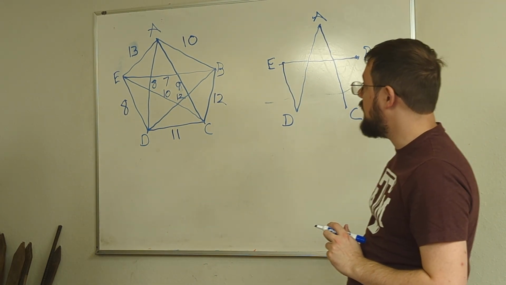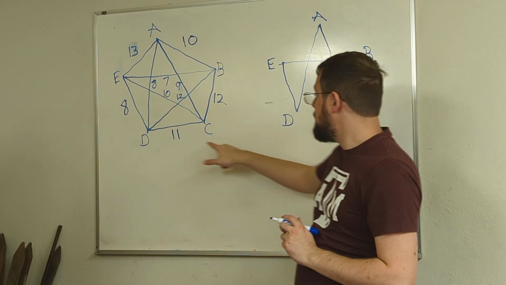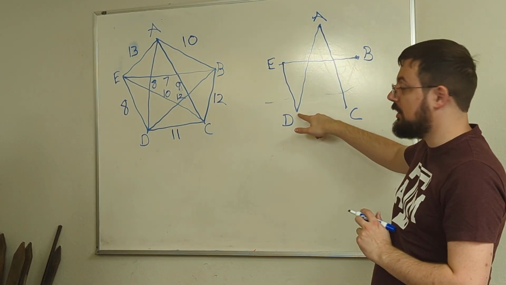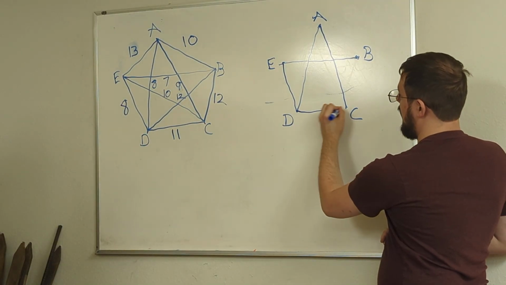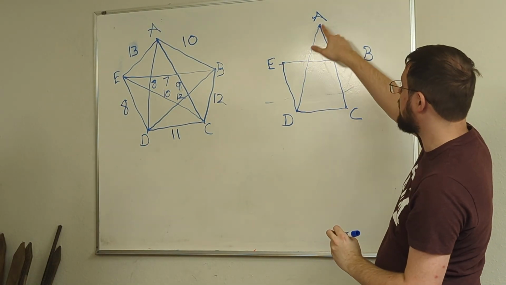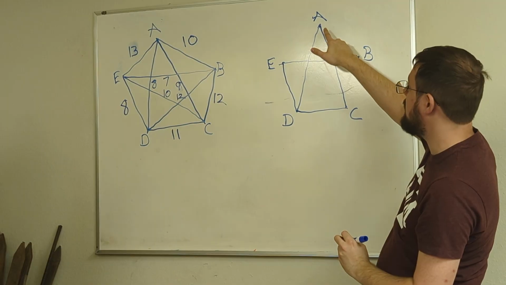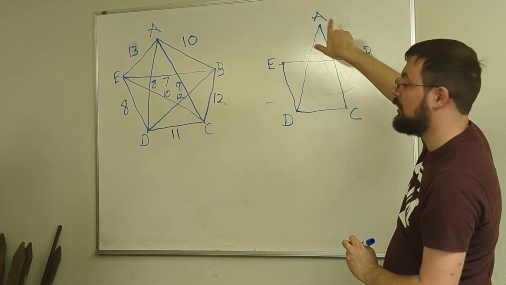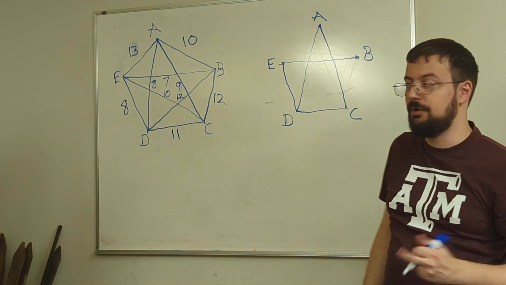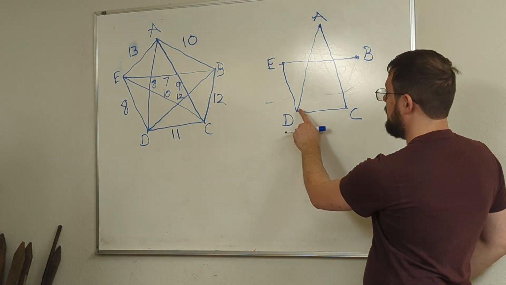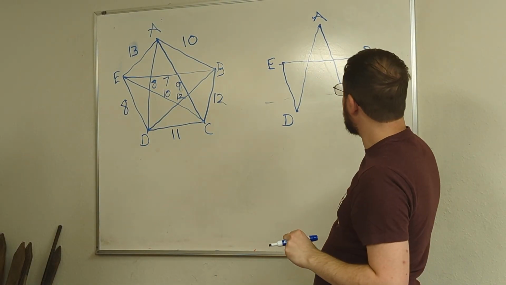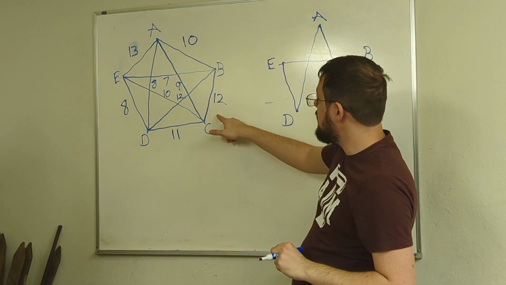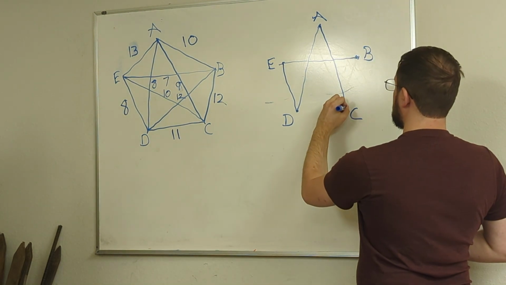Next cheapest one at 11, D to C, but that would make a third edge going to D, so we don't want to do that. Also, if we were to add that, it would also create a partial circuit between A, C, and D, and then back to A, so we've got a closed loop that does not include all of our vertices. We don't want that either. So our next best option is going to be going from C to B with a weight of 12.